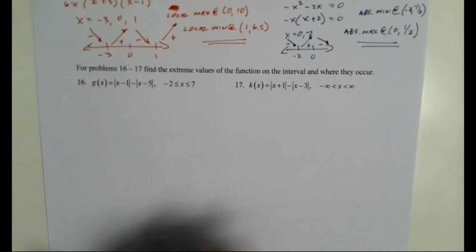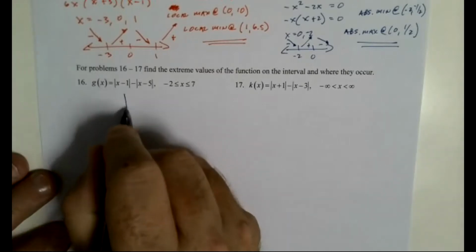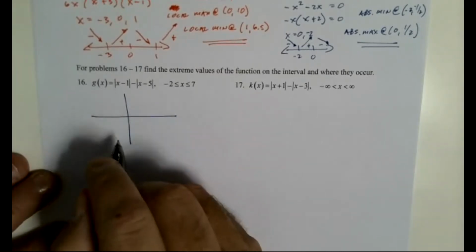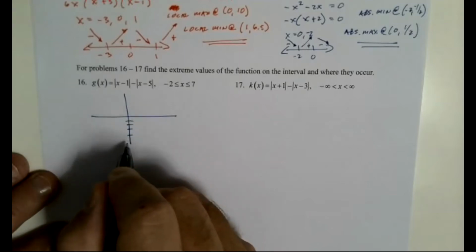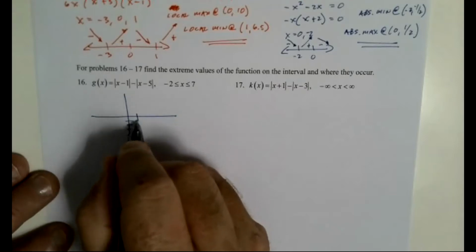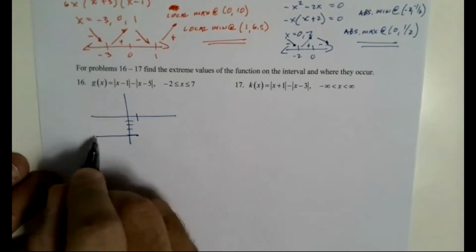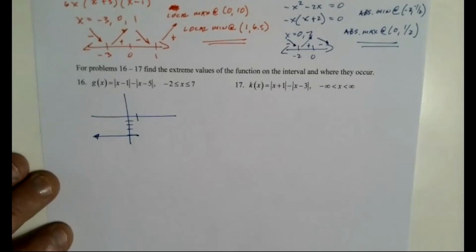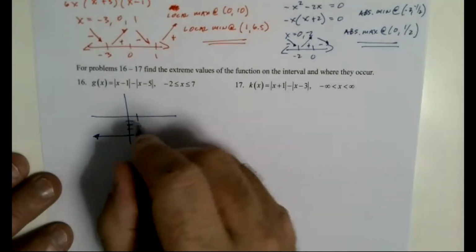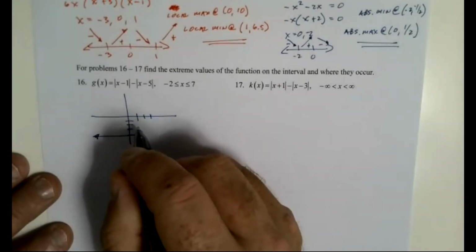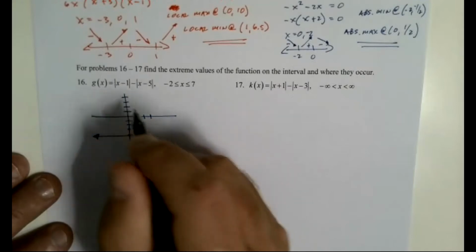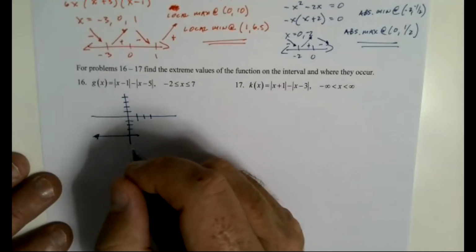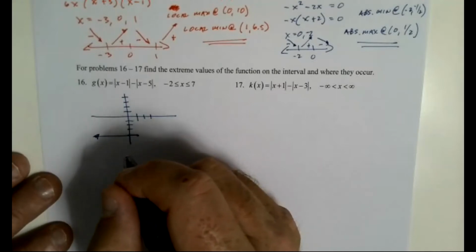All right, find the extreme values of the function. Now, as soon as I see absolute values, it's graphing time. And this one I'm going to try and graph very, very carefully. And this is only from negative 2 to 7, so I don't know why I made it narrow there.